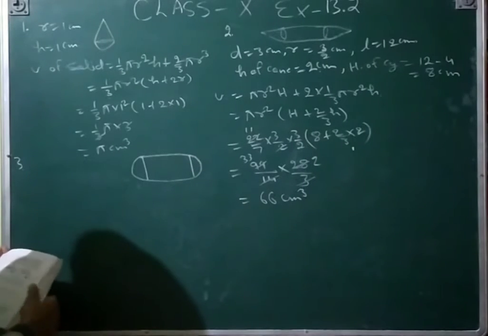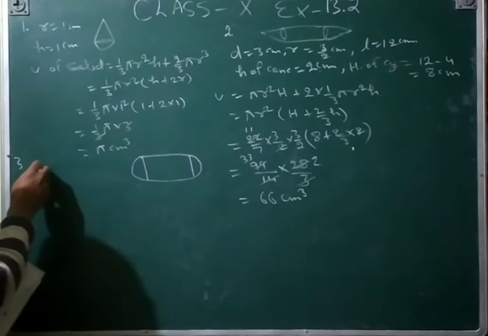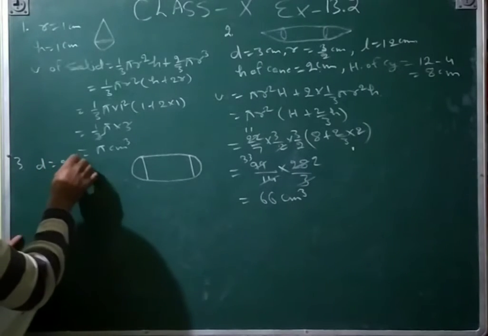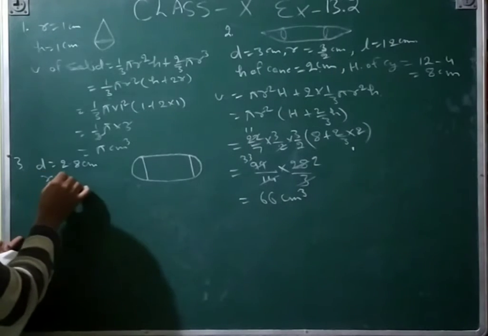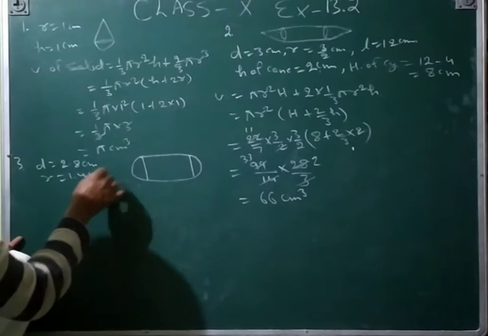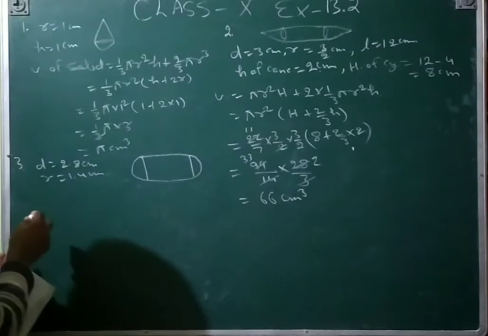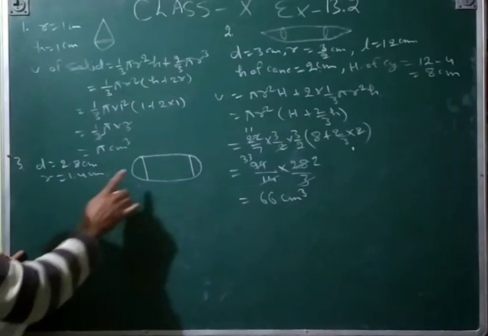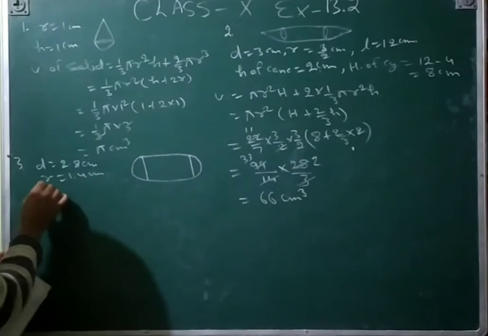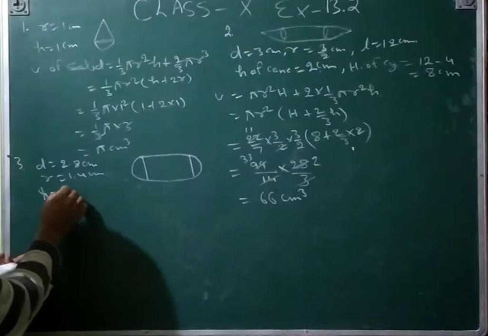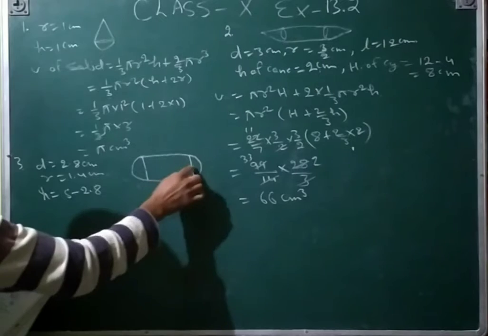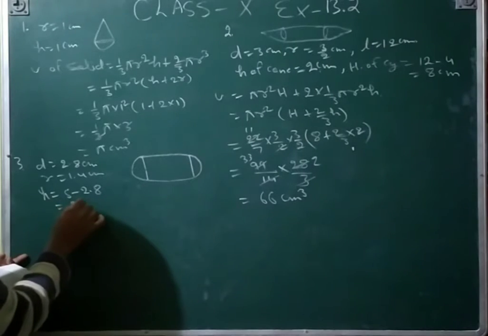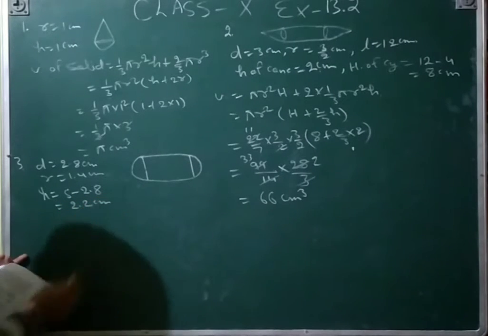The diameter is equal to 2.8 centimeter, so r will be 1.4 centimeter. Next, the total length is 5, so we need the height of the cylinder also. So the height is equal to 5 minus 2.8, subtracting both radii, that will be 2.2 centimeter.